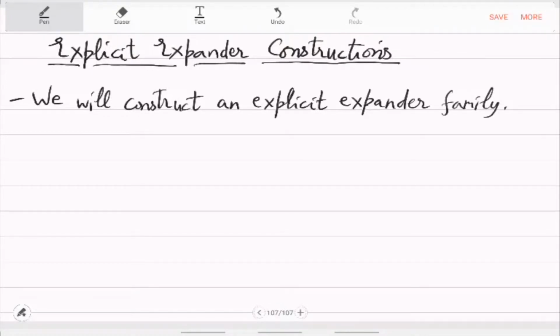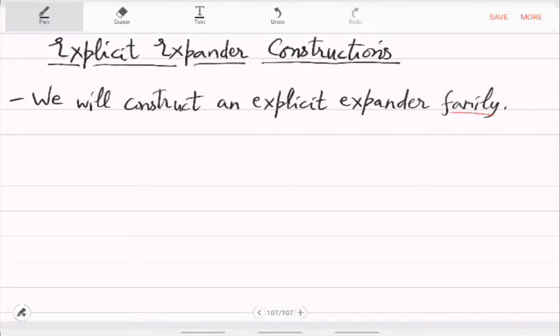Okay, so remember that when we construct an expander, we mean infinitely many expanders. It should be constructible for any size. It shouldn't be that you construct only one graph. That would have little to no utility.